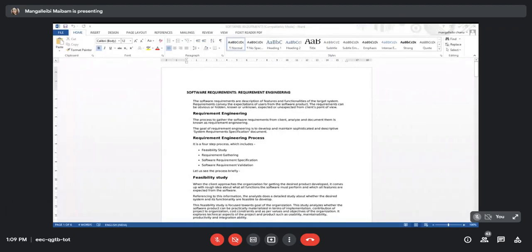So there are 4 topics under this modeling chapter: software requirements, software requirements specification, which is SRS, UML and DFD. These are some theory parts. Let us just go through them once so that we can understand.